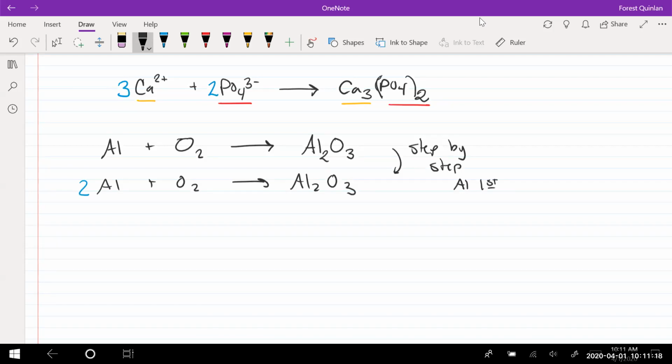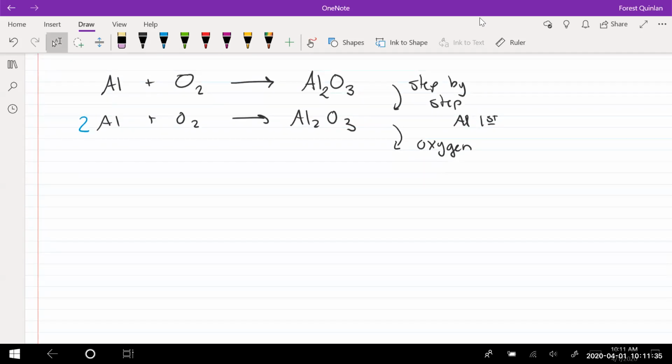We did aluminum first here. So now we need to do the oxygen, right? How many oxygens do you see on the left? 2. On the right? 3. Least common multiple? 6. So how many of those oxygens do I need? 3. Okay, let's finish this out.